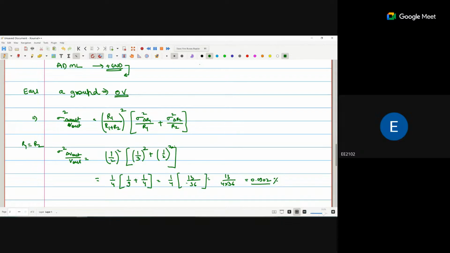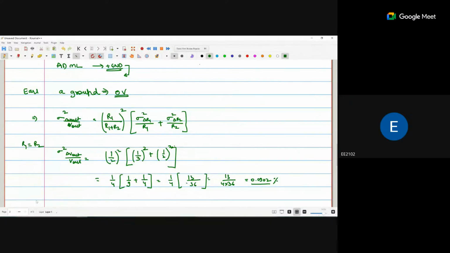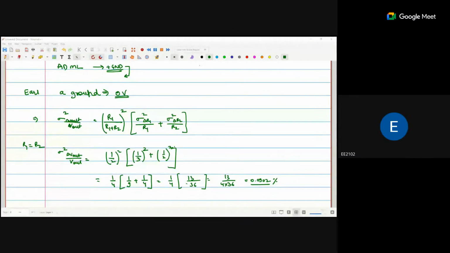Okay, that is correct. In the answer it is given 0. Actually, I removed this question from the evaluation because we are not giving the values of R1 and R2.